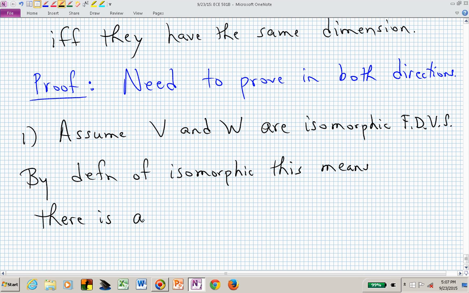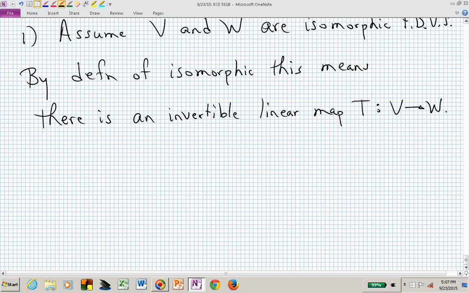there is an invertible linear map T. Our linear map T has to be invertible, meaning there has to be a T inverse. But what does a map being invertible mean about that map?